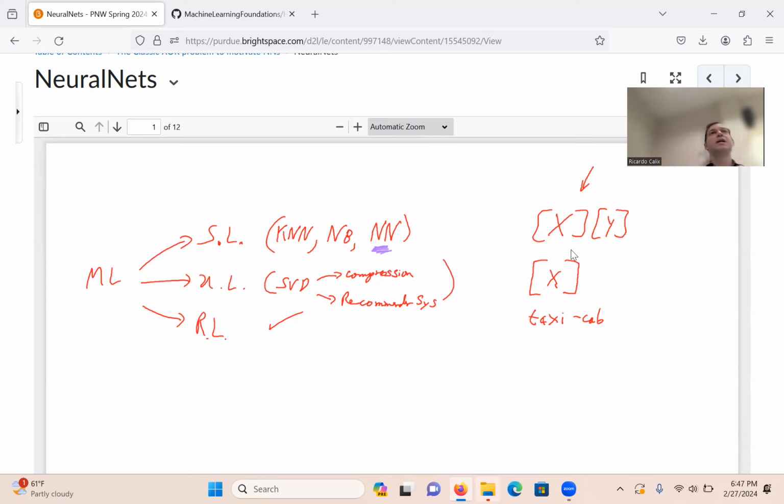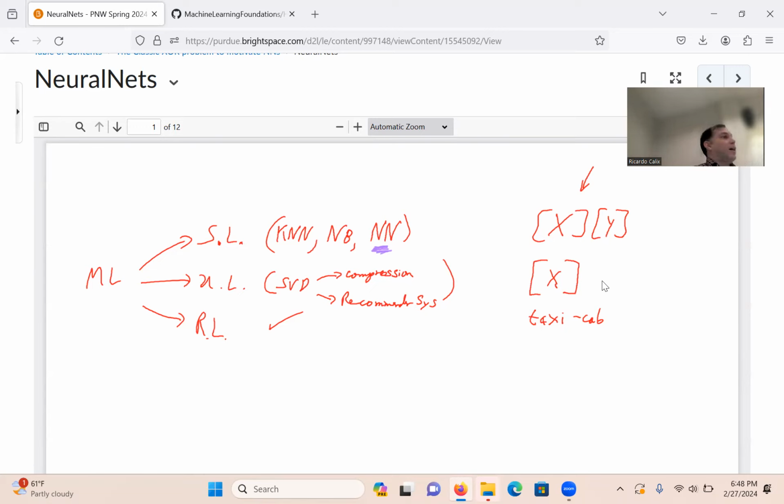So that's supervised learning. So what is unsupervised learning then? Unsupervised learning is simply the X without a Y. Yeah. Very stupid question. If there are no labels, how does it learn? How does it learn what you're learning for?